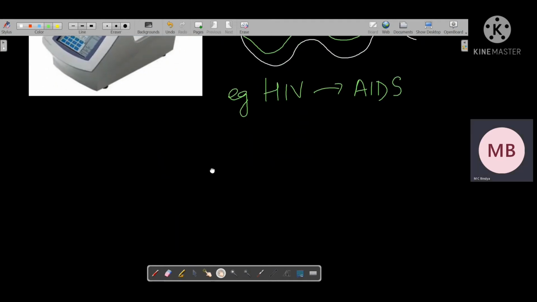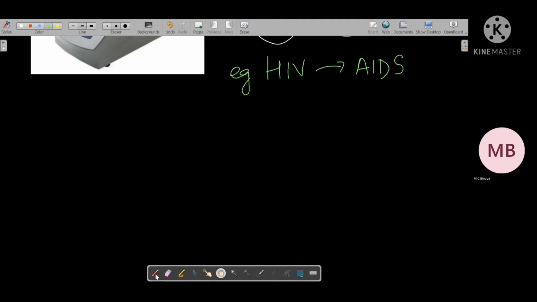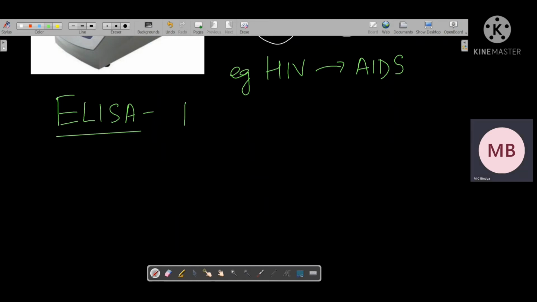Another method to diagnose a disease is ELISA, enzyme linked immunosorbent assay.